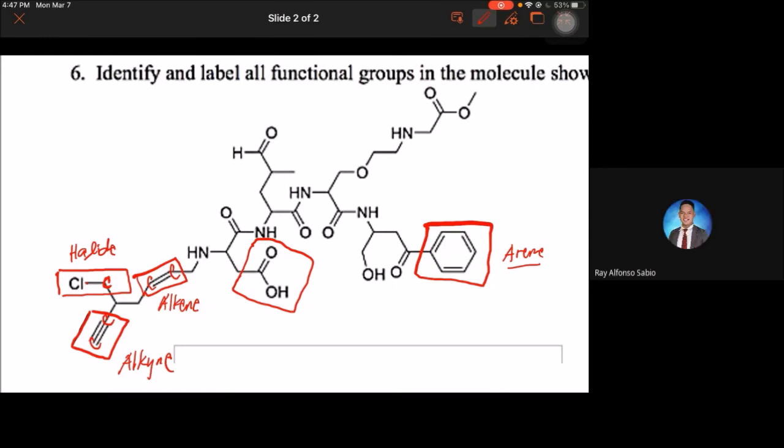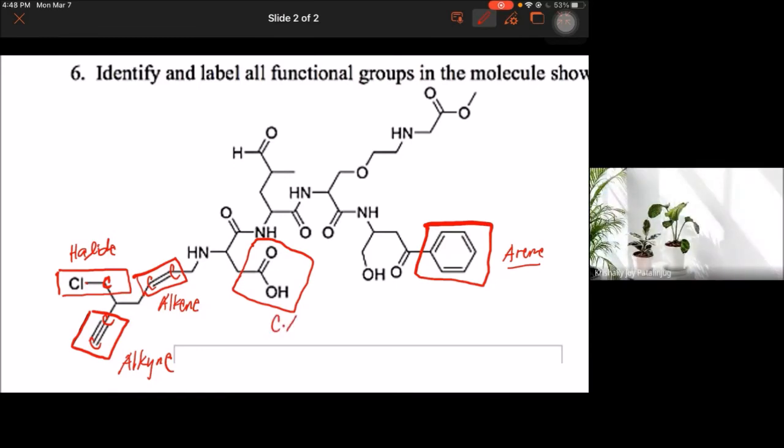Carboxylic acid. Very good. That's your reference point: when there is a carbonyl portion, go directly to the list of carbonyl containing functional groups. So there is a direct attachment to OH, that is carboxylic acid.